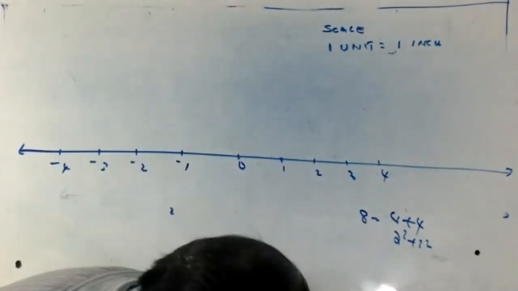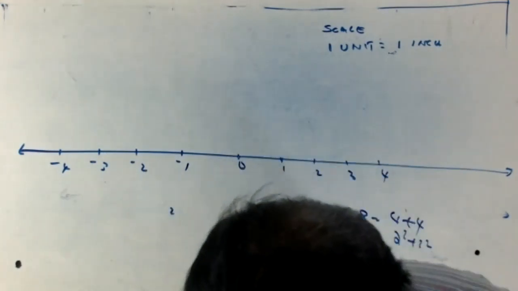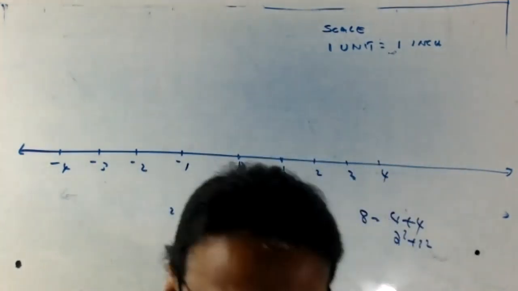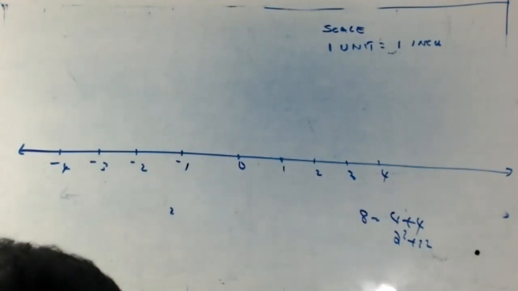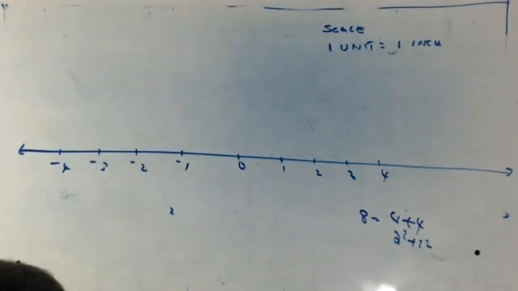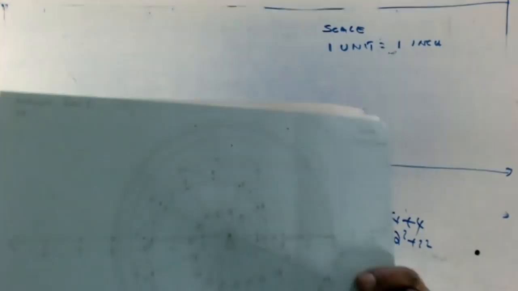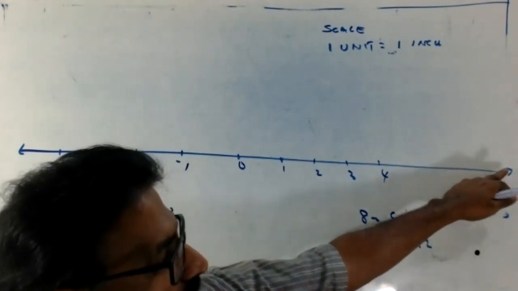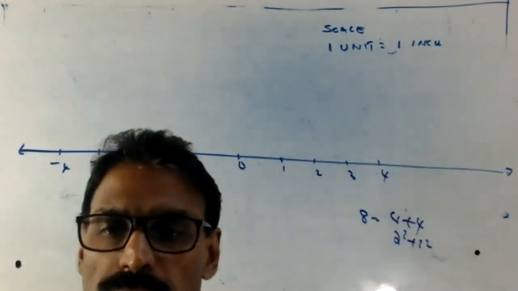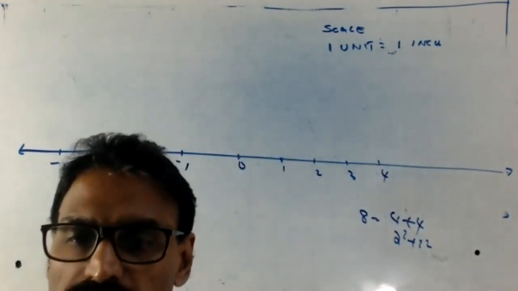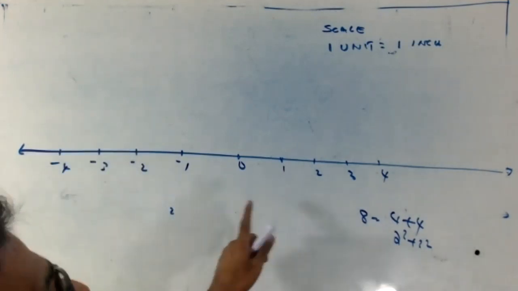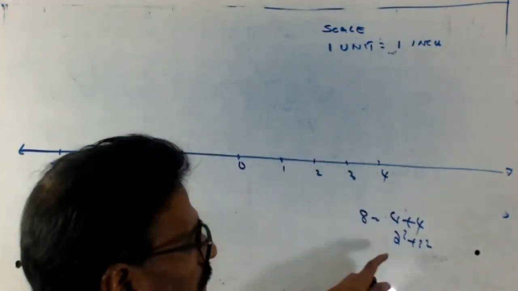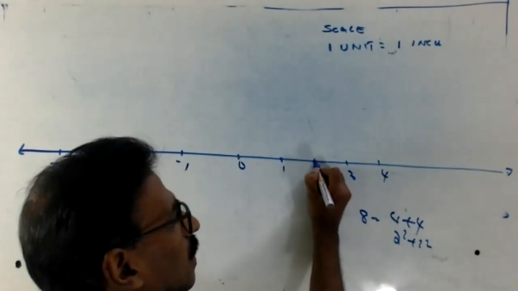When you draw for the competition, that means when you draw root 2, root 3, root 4, root 5, listen, in this picture make sure the arrow is here, and the number line also. Otherwise, I want to check it. Now here 2, we need 2 here. Draw a perpendicular.